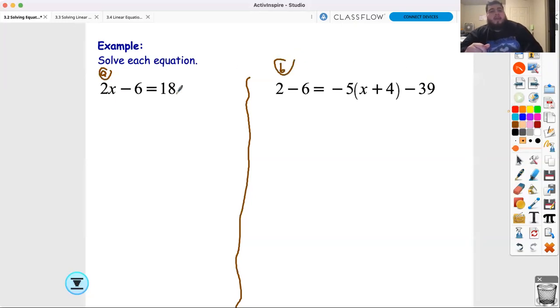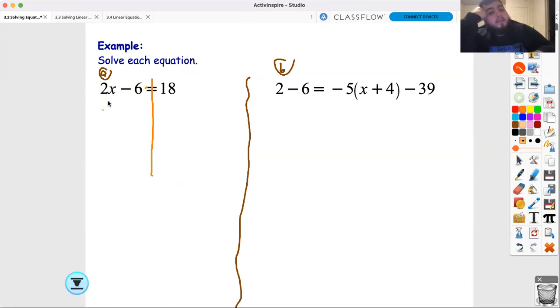So when we do A, draw the line on the equal sign, right? Can I combine 2x and 6, class? Are these like terms? Yes or no? No, right?